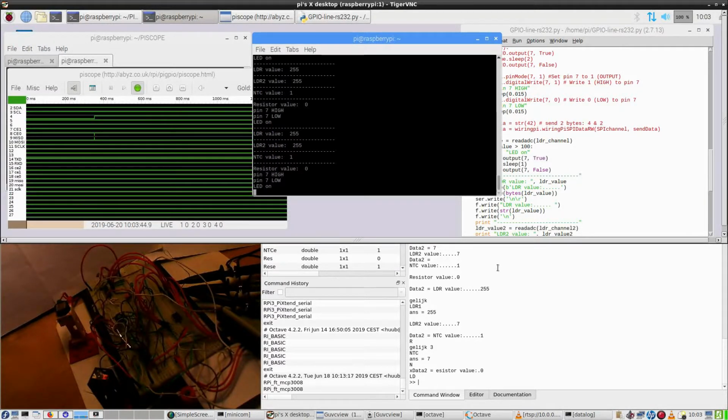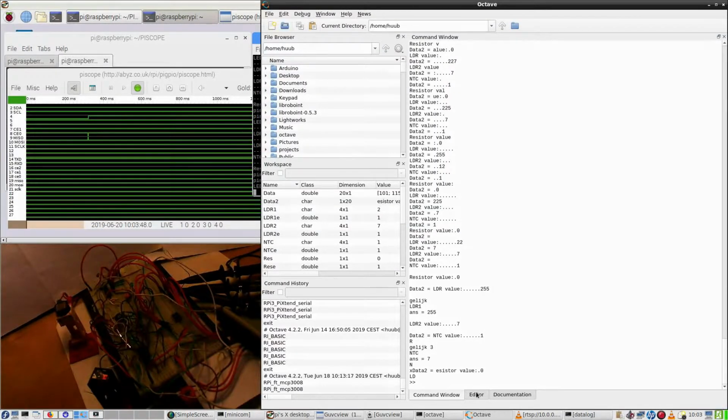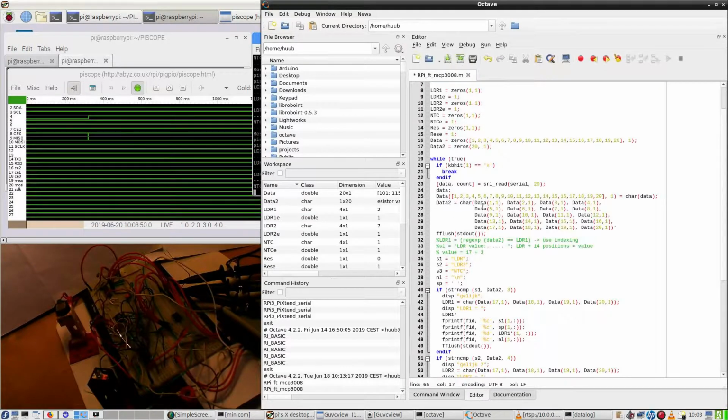So going back here, why did I make this? This should be 4, 4 and 4 and 4. Apart from that, this one is clear.